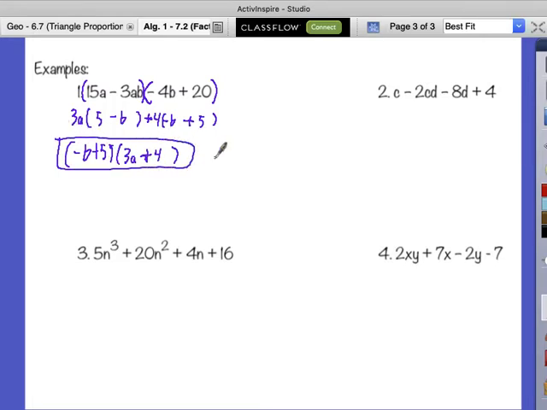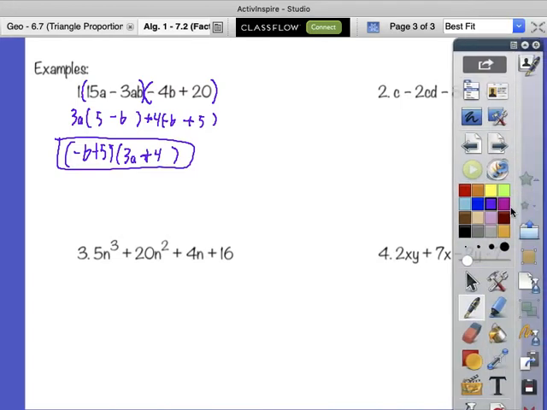And how could we check our answer? FOIL. If we FOIL, we'll check our answer. I'll do that for you guys. You don't have to do that right now, but I'll just show you. Negative b times 3a, negative 3ab. Negative b times 4, negative 4b. 5 times 3a, 15a. And 5 times 4, 20. And I put this in standard form.